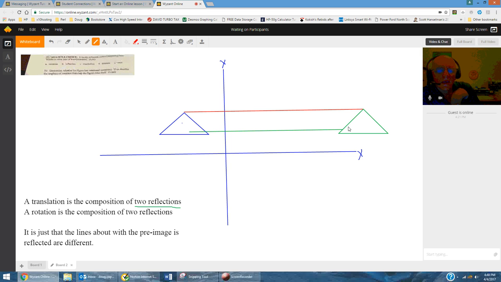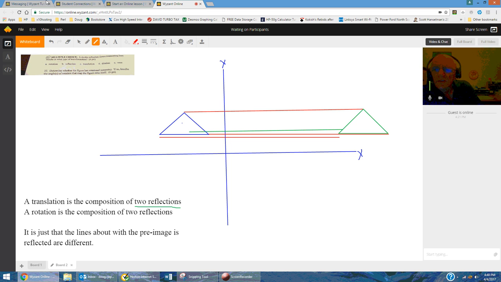The distance from here to here is the translation distance. All of these points will slide the same distance as the top vertex, and this bottom point will slide the same distance. So the translation distance is the same for all the points on the original triangle. They're all sliding the same distance to the right.